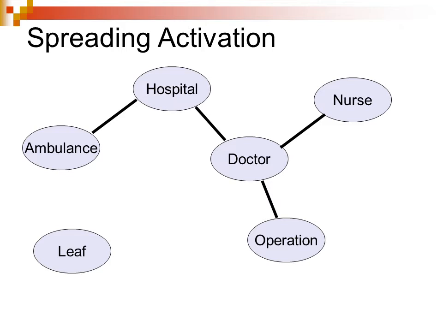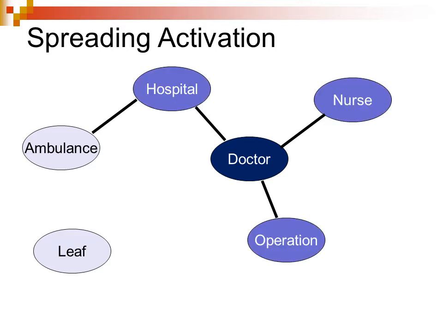The way we would describe this pattern in the model is that doctor became activated when I told you to think of it, and through spreading activation, this activation traveled out from the doctor node to connected nodes like hospital, nurse, and operation. When those nodes receive activation, they entered your awareness, which again is why you thought of those words when given the word doctor.